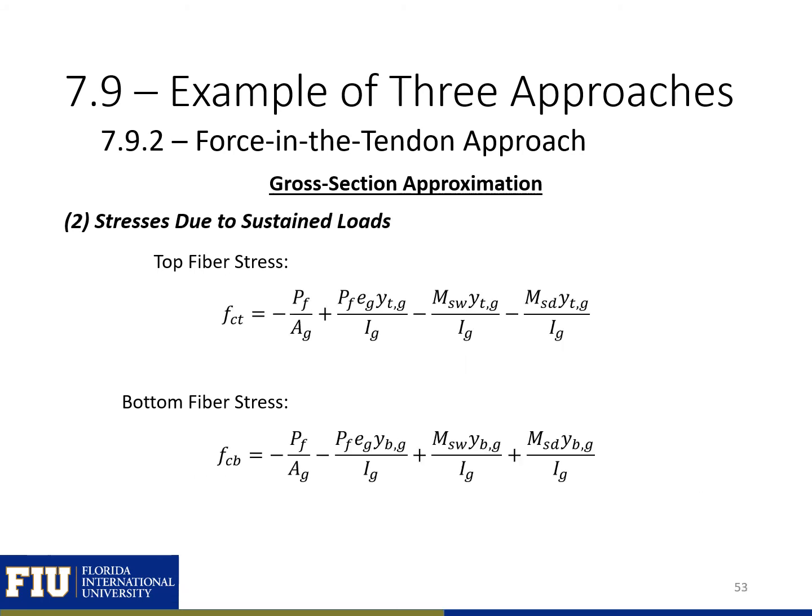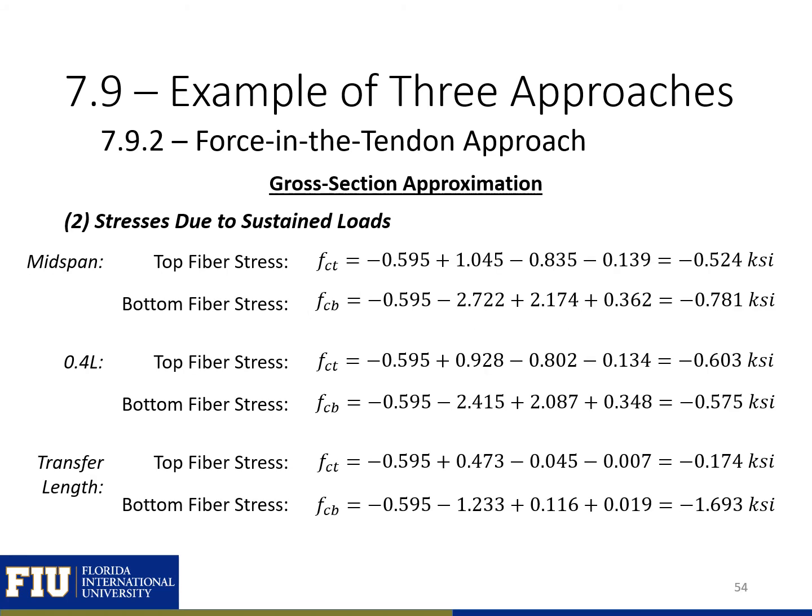We next need to find all of our stresses due to our sustained loads. So we'll have the same components that we did before, except now we use the force in the pre-stressing after all losses. And we're also including the flexural stresses from all of our superimposed dead loads.